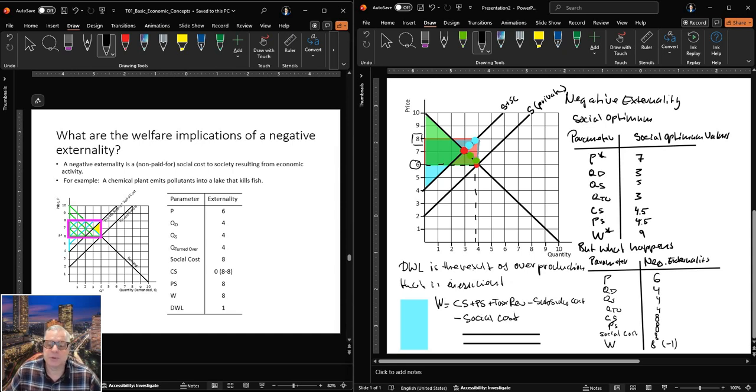Okay, so one other final word about a subsidy. Earlier we said that a tax creates a deadweight loss, but if a tax is being used in order to internalize a negative externality, then that would be perfectly fine.